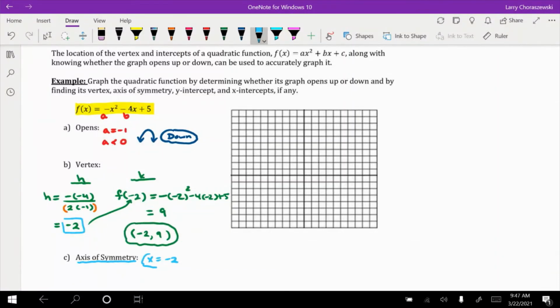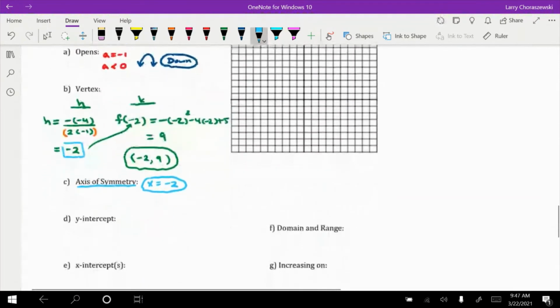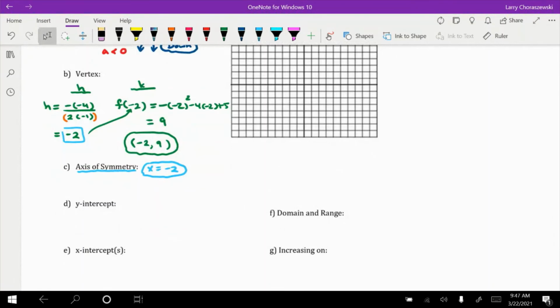All right. Found the axis of symmetry a moment ago. Parts D and E we'll do by hand. And then we'll start to draft things out in the coordinate plane. Once we have our graph, it makes it easier to identify domain, range, as well as where it's increasing and decreasing.